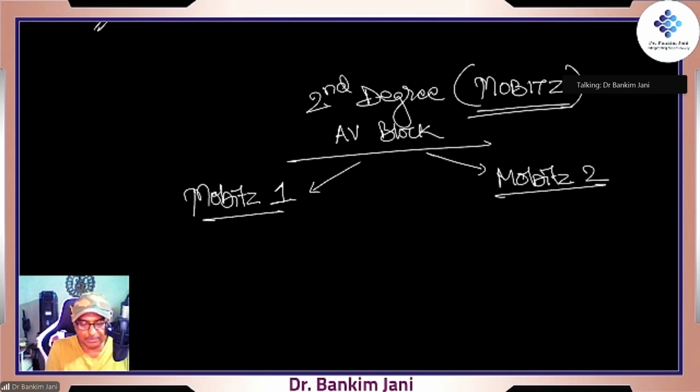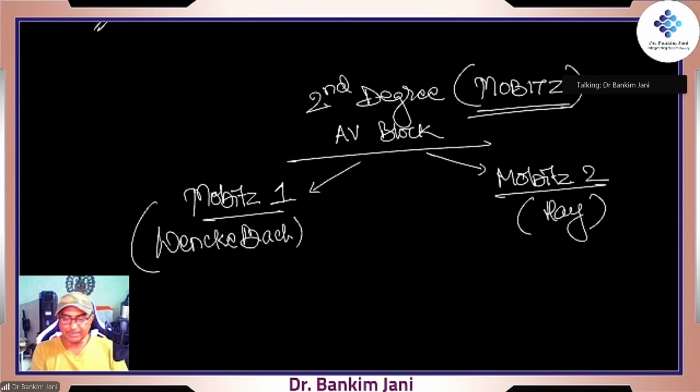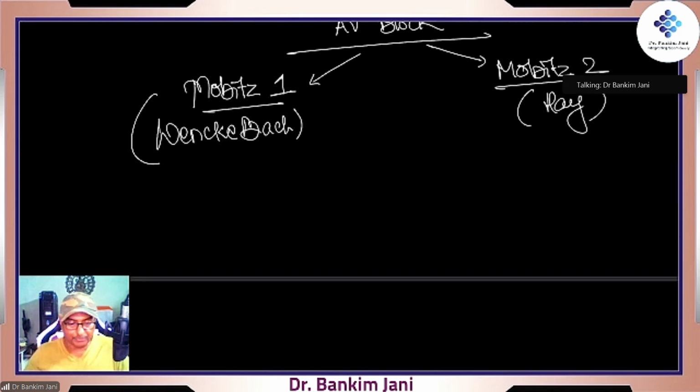That's how it is in the ECG report; it would be mentioned like this. But if you want to go in detail, this is what is called the Wenckebach and this one is the other. But otherwise, type 2, Mobitz 1, type 2, Mobitz 2. So these are the two types.